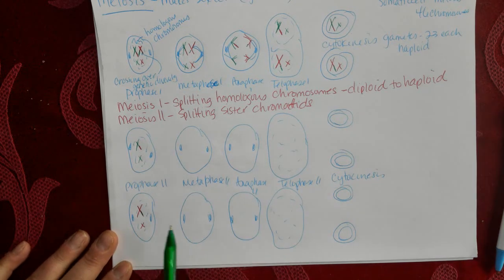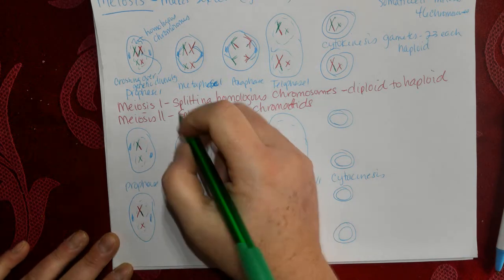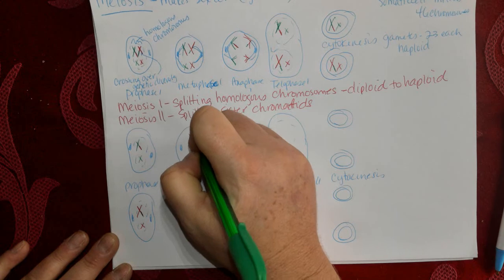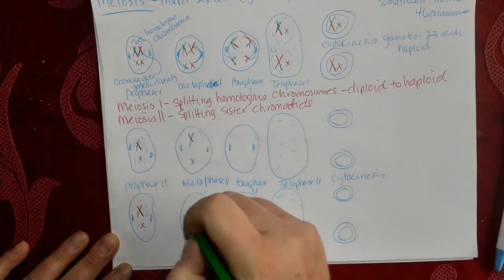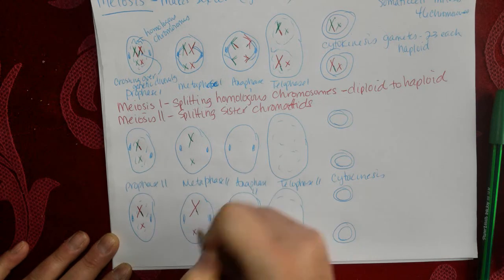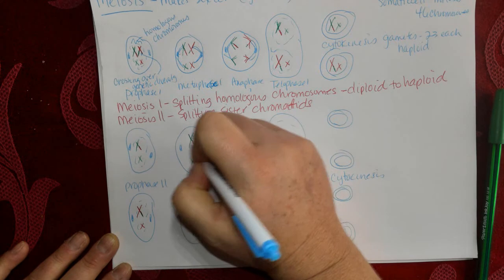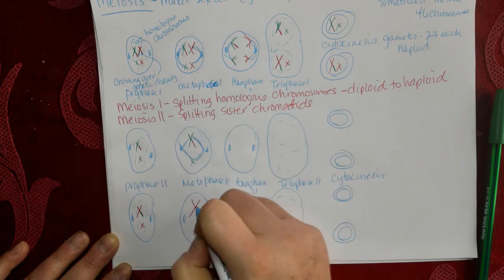So they're going to go through, again, we have our nucleus disappearing, we have our centrioles reforming, and in metaphase this time, it's going to look just like mitosis. Got our big one and our little one. Those spindle fibers are lining up in the middle of the cell.